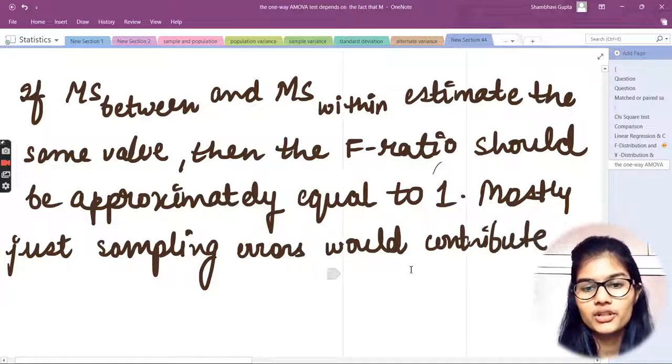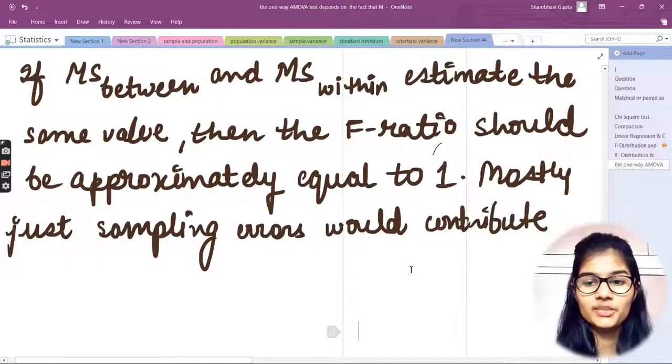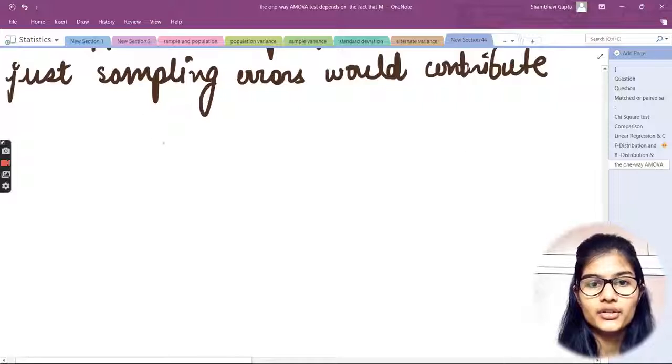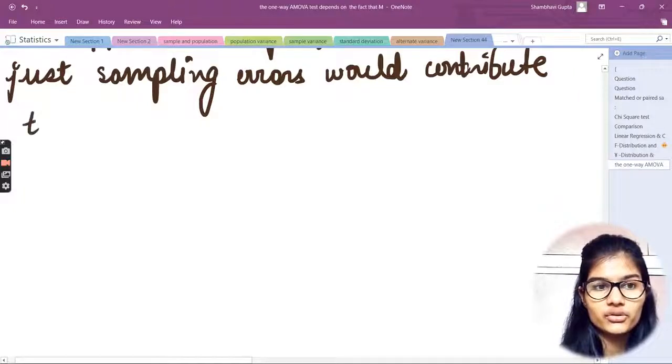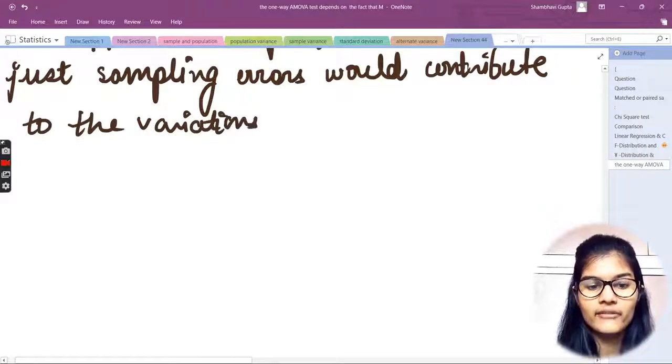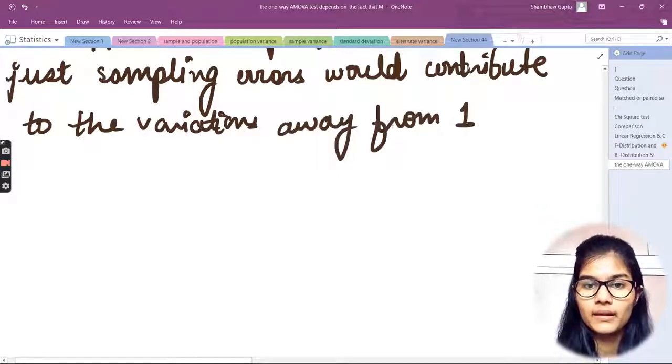Let me go down here for a short time. So if MS between and MS within estimate the same value, then the F ratio should be approximately equal to 1. Mostly the sampling errors would contribute. Let me start writing: just sampling errors would contribute to the variations away from 1.